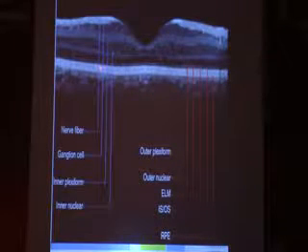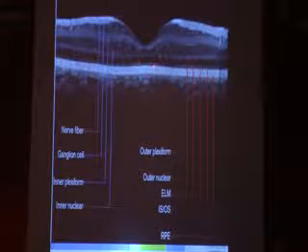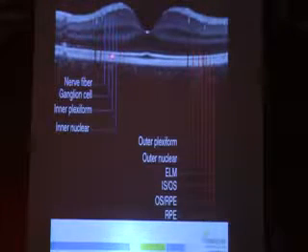The second important layer is the external limiting membrane, the lightish gray one there. And then I'll go back to the adult again. You see this foveal tint. So this inner segment, outer segment, which is the whitest line here, has a little bit of a hump there and a little more blackened area there. That's because of the longer cones. The cones actually have longer cilia at the fovea, the subfovea, and that's what actually pushes this up.